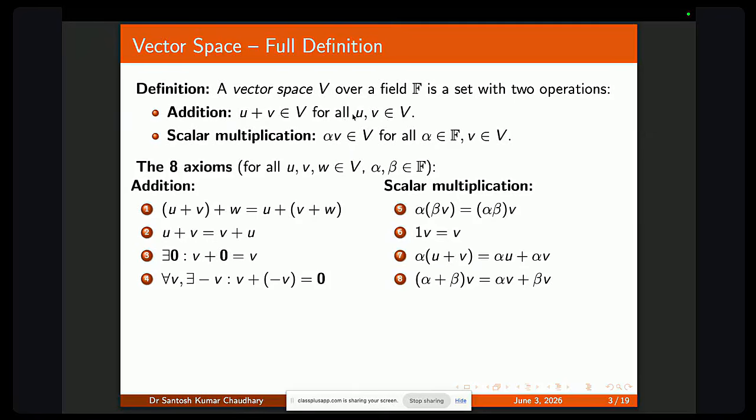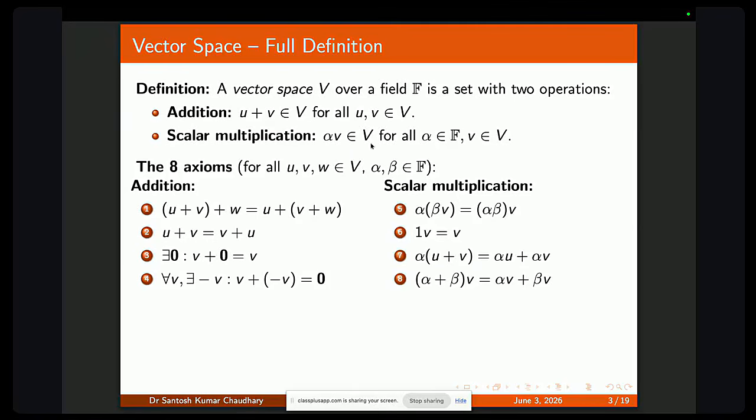Addition means whenever you choose any 2 vectors, which are elements of the vector space V, their sum must be in set V. This is called the closure property under addition. So set V is closed under addition.